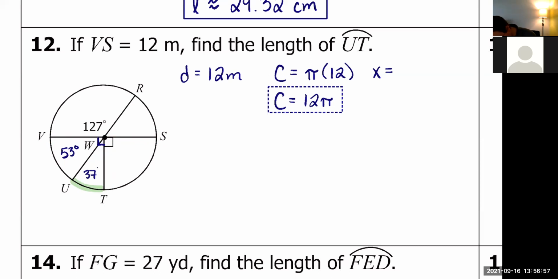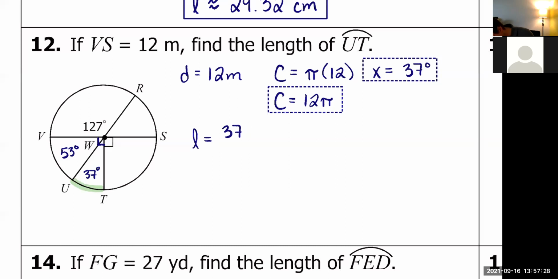37 degrees. Now, what's nice is all of these angles are central angles. So the central angle measure corresponds and equals its arc measure. So UT is also 37 degrees. So X is 37 degrees. And now that I've got my head on straight for this one, the length equals X, which is the degree measure of the angle, times the circumference.